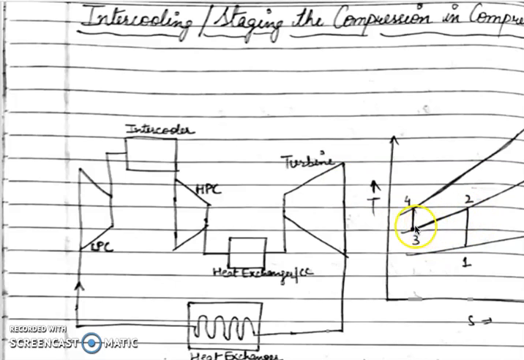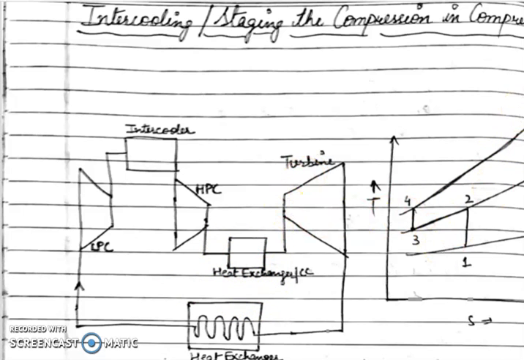Now this air, cooled till point 3, is sent to another compressor, the high pressure compressor, and the compression is done from 3 to 4, completing it to the required pressure. Now it is sent to the heat exchanger, where from 4 to 5 the heat addition is done.